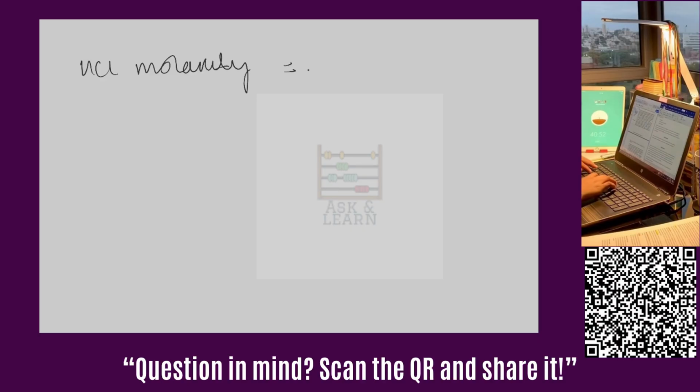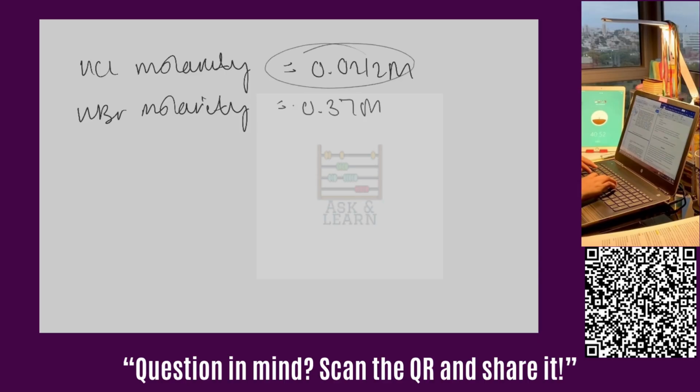HCl molarity is 0.0212. HBr molarity is 0.37. And therefore HCl solution has a molarity of 0.0212 and HBr has a molarity of 0.37.